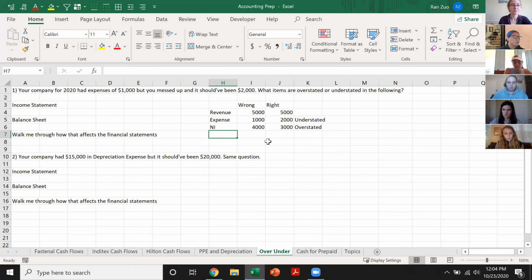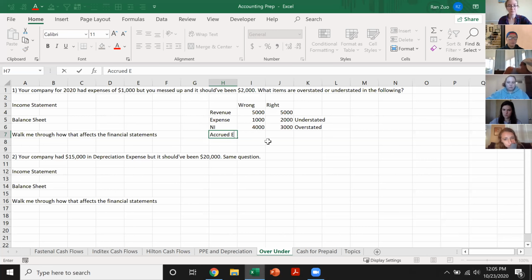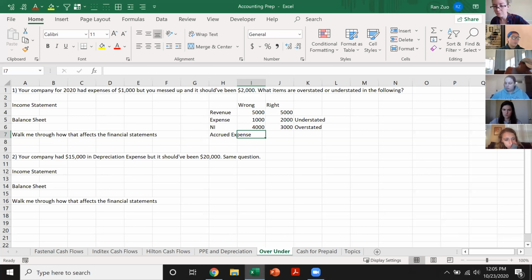So what do you have to do? Increase liability? Yes, you just have to increase the liability. So let's just say it's accrued expense, and you had $1,000. It was wrong.